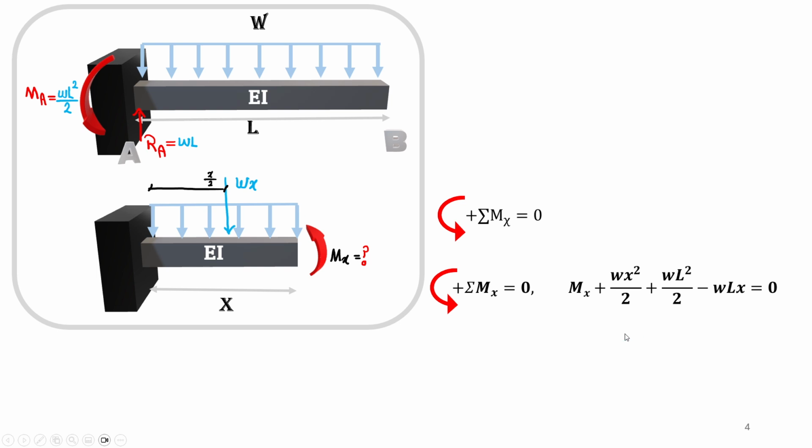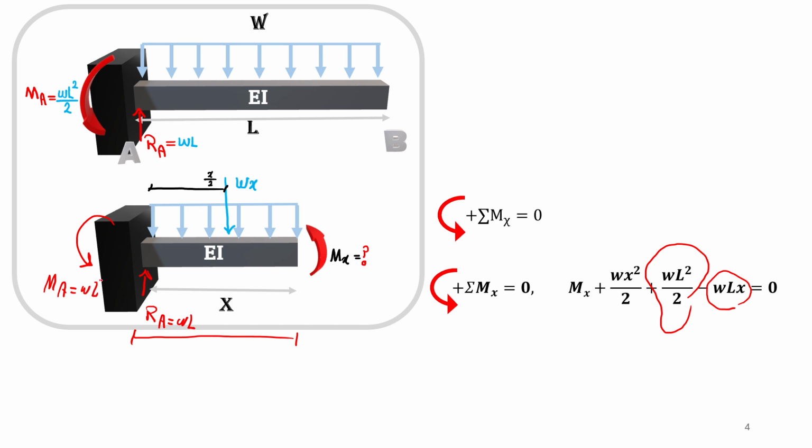Those terms are nothing but R sub A, which is WL, times the length x, makes a moment. And then this one is just the concentrated moment in the counterclockwise direction, M sub A, WL squared over 2.